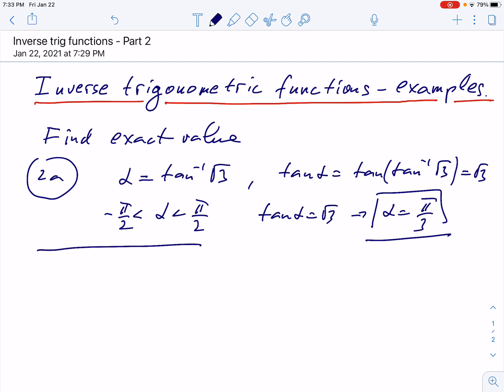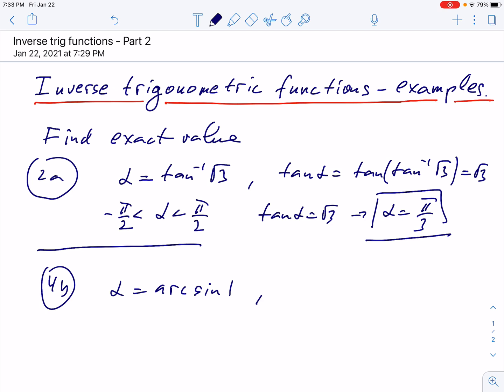Another example. This will be 4b. Arc sine of 1. Let's say alpha is arc sine of 1. What is this? Exact value.